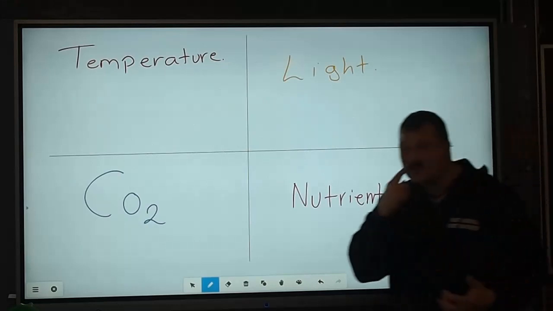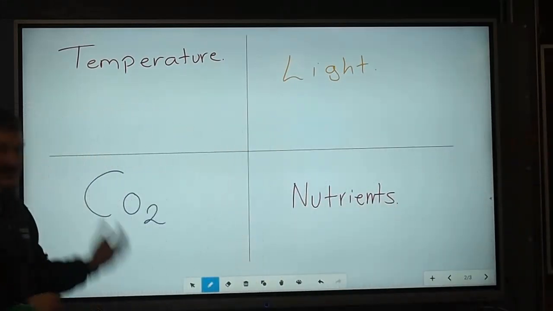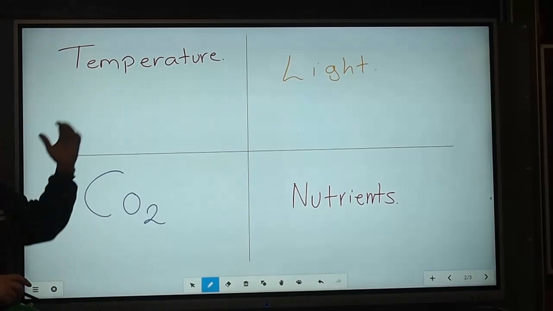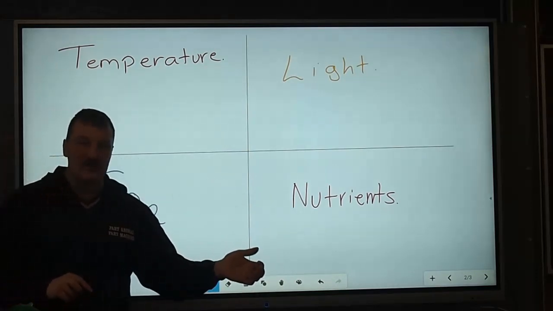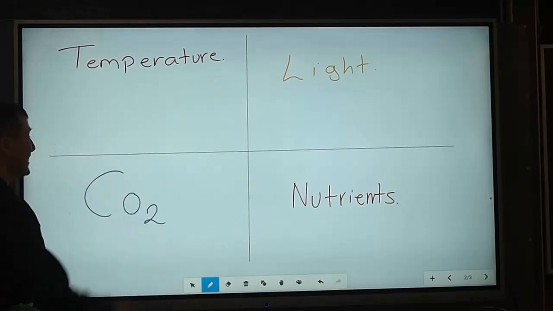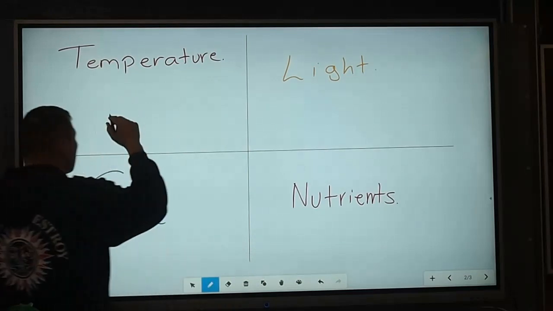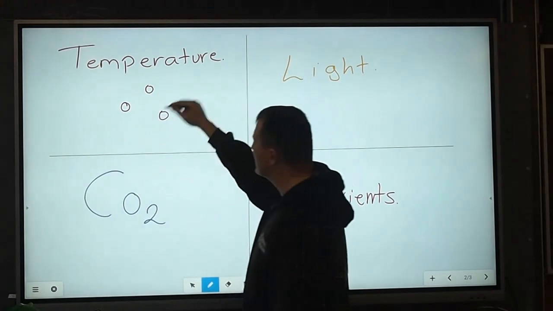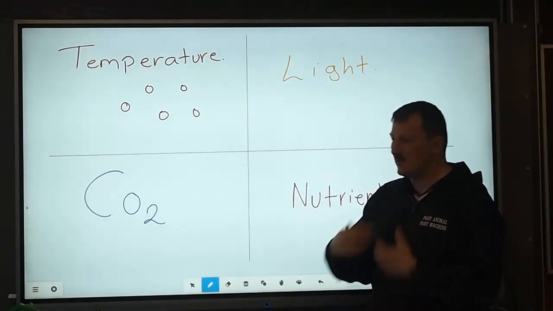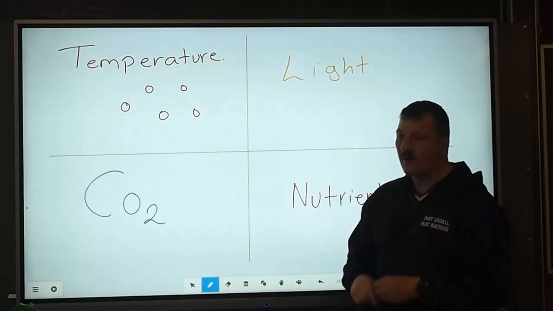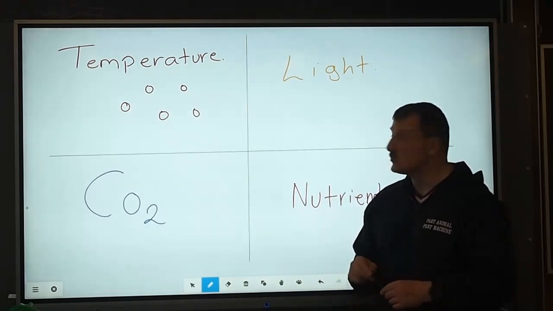And photosynthesis depends on 4 factors: temperature, light, CO2 and nutrients. Now I'm going to go over each of them in a little more detail. Temperature. Kinetic theory says that the more particles move about, the quicker the chemical reactions will be.